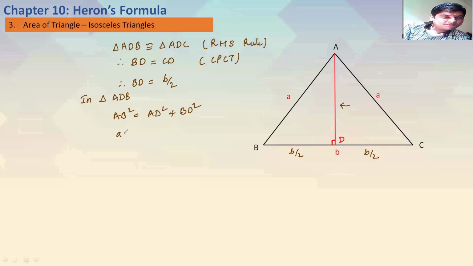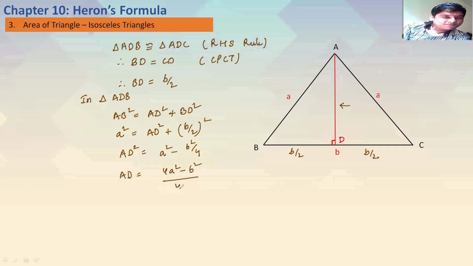AB is A, AD is what we are looking for, and BD is B by 2, whole squared. So AD is equal to the square root of A squared minus B squared by 4, right? AD is going to be the square root of (4A squared minus B squared) divided by 4.